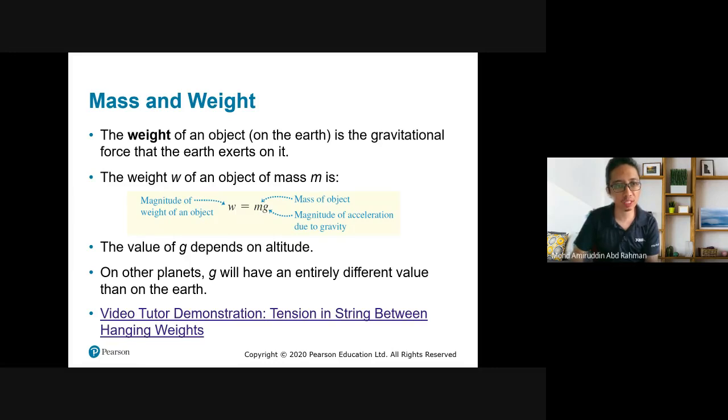The value of g depends on the altitude, meaning that whenever your object is at a higher position, let's say on the top of a building, compared to the ground, the g will be different. On other planets, g will have an entirely different value than on the Earth. So we look at another example over here.